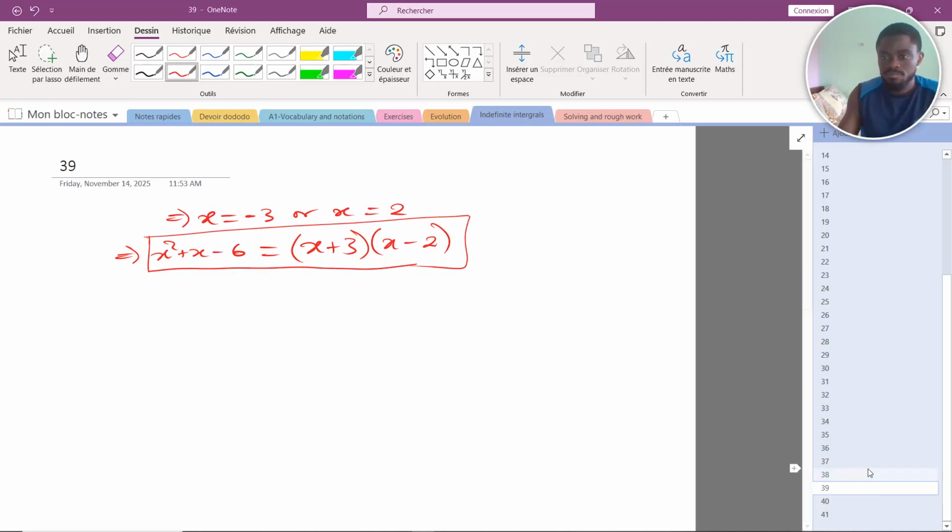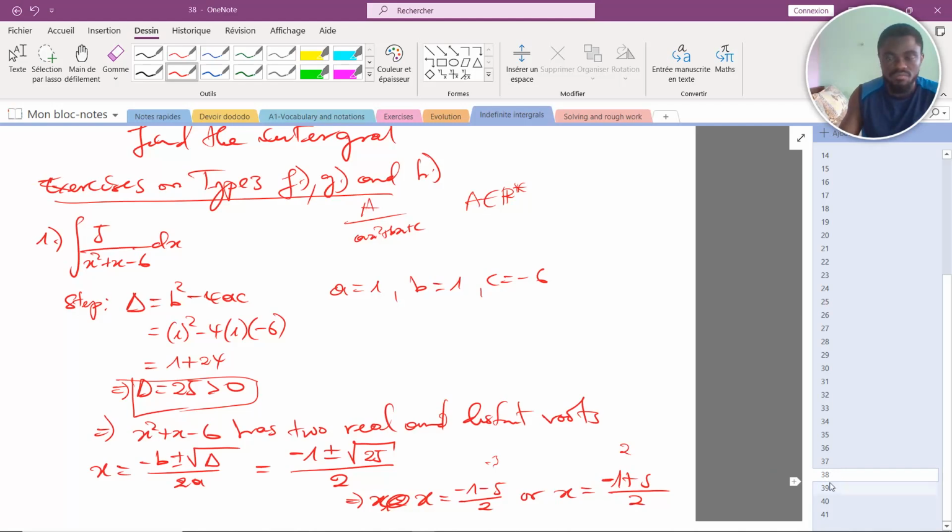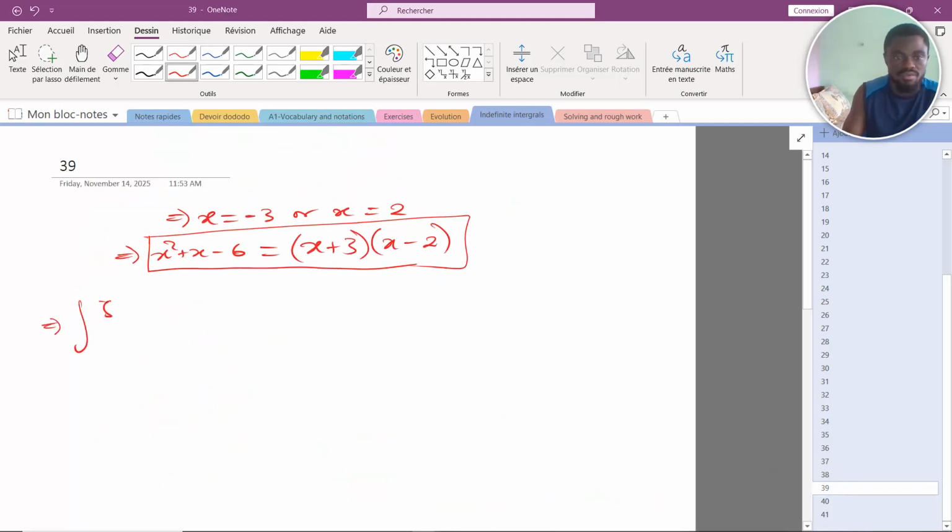So it implies the integral of 5 on x squared plus x minus 6 dx will be equal to 5 times the integral of 1 all over x plus 3 times x minus 2 dx. We now have to integrate this.